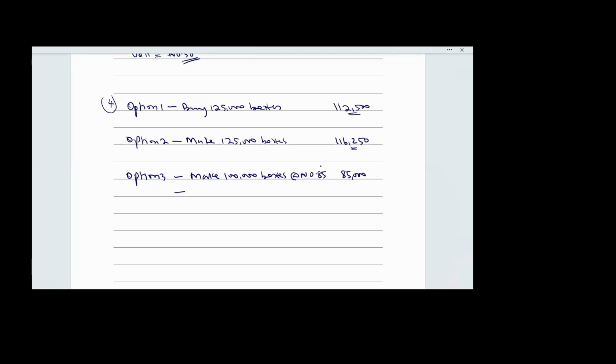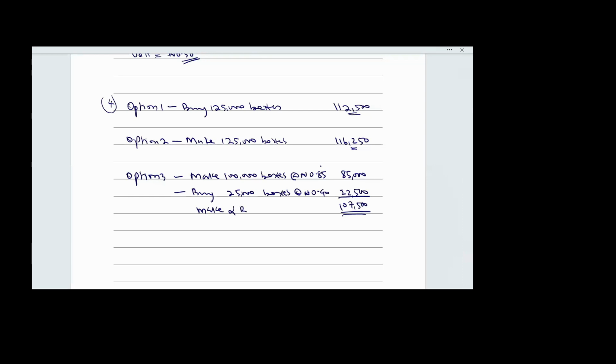Then the balance of 25,000 boxes can be bought at 90 kobo, the supplier's quotation. What do you have there? 25,000 multiplied by 0.9, 22,500. When you add up, that will be 107,500. So option 3 is to make and buy.